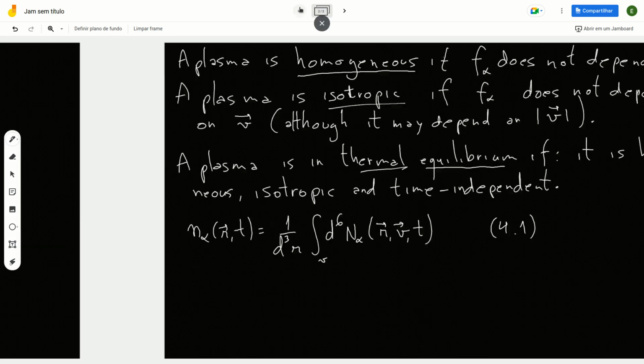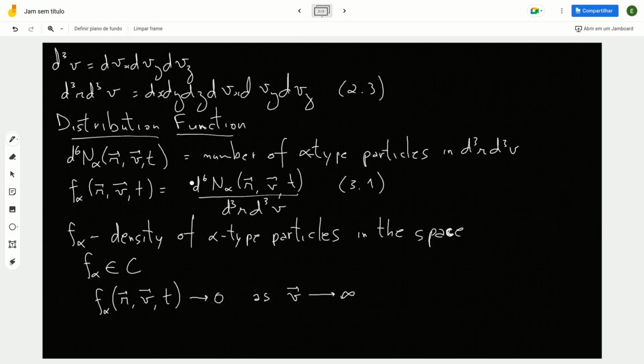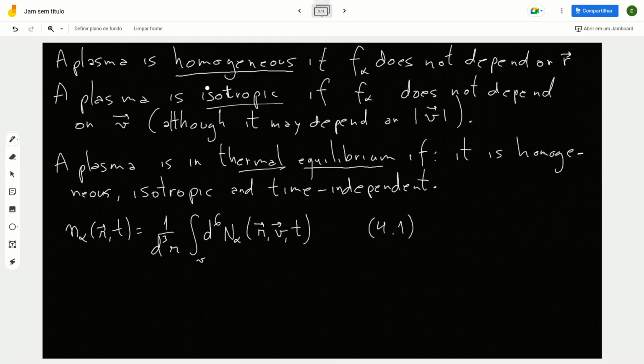So if you use 3.1, we'll just rewrite this equation using 3.1. It's this times this. We can rewrite it like 1 over d3r, integral d3v, d3r f alpha(r,v,t) d3v. And in this case, we can just cut this off here.